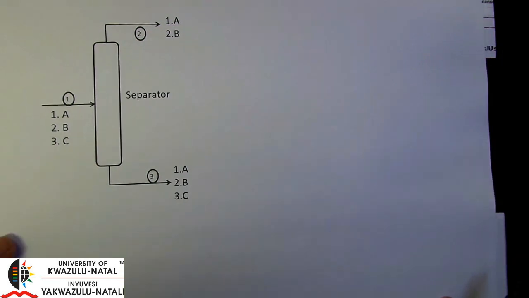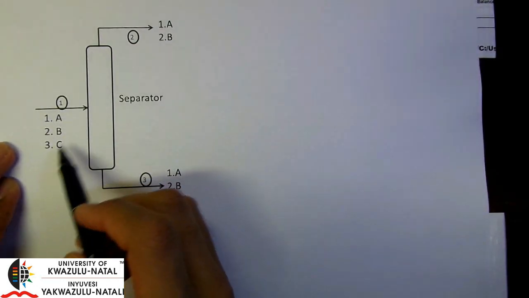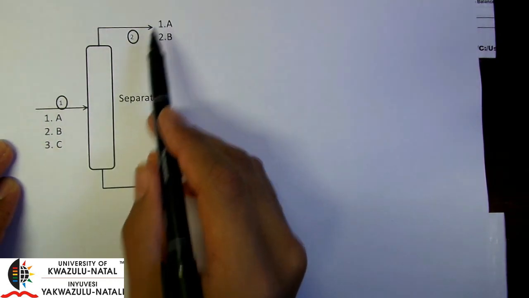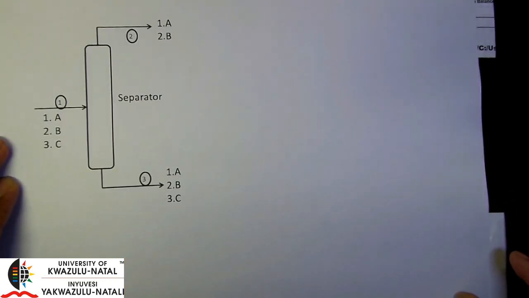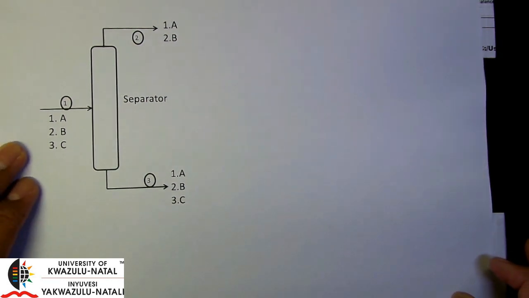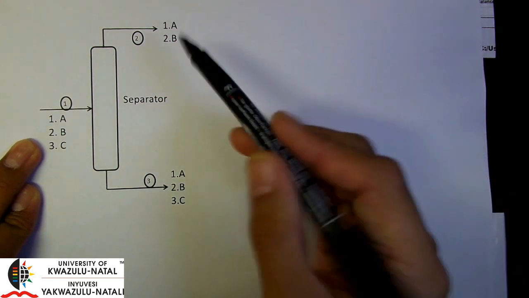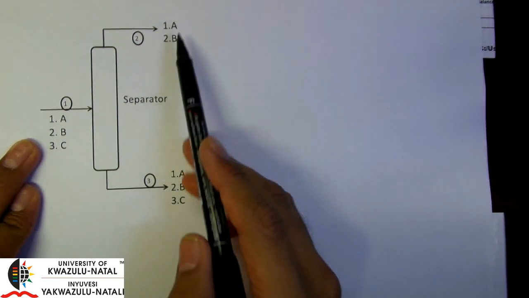And the aim of any separator would be to try and separate our stream and purify each component. As you can see, this particular separator doesn't really do a very good job of separating the components A, B, and C. However, it does accomplish one task.